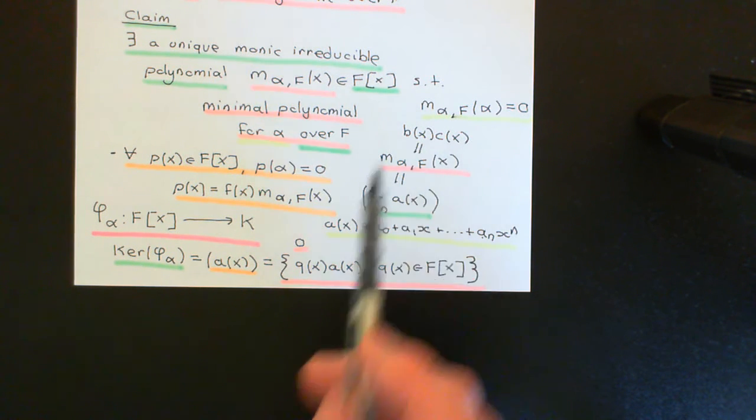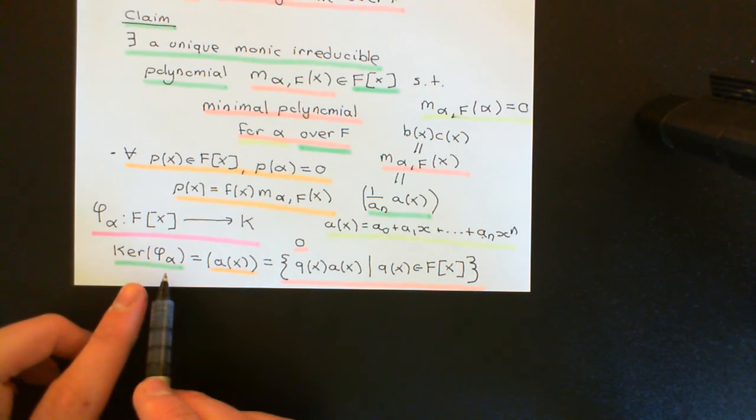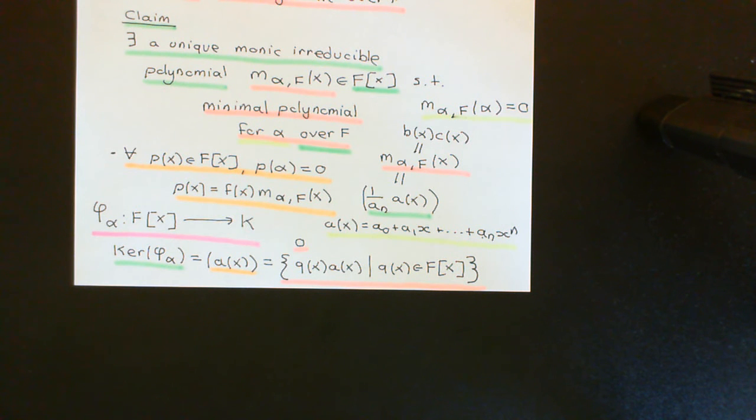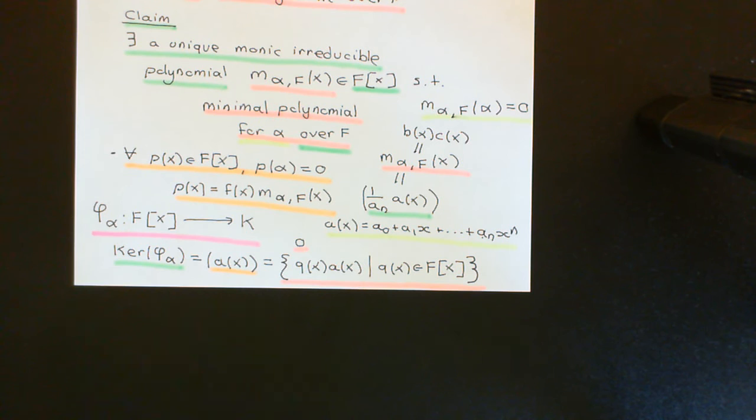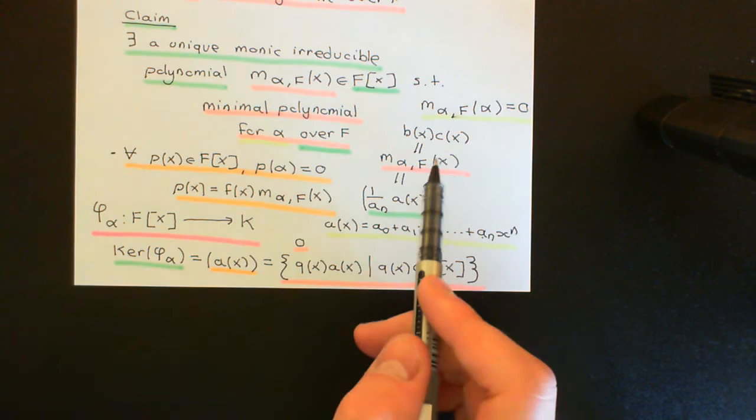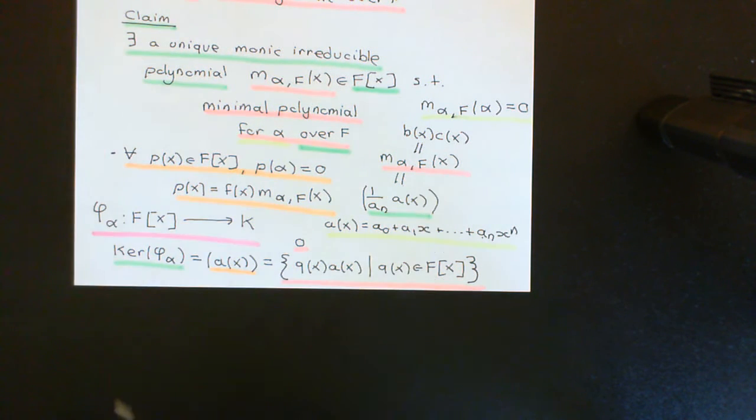So it would imply that one of these polynomials, b of x or c of x, was in the kernel of this evaluation homomorphism at alpha, and that would contradict this being the smallest degree polynomial in this kernel. So that's why this has to be irreducible. It cannot be reducible, otherwise you wouldn't have successfully found the smallest polynomial in this kernel of the ring homomorphism, which does have to exist. There must be some polynomial with the smallest degree, and that's one of the polynomials that you can use to generate the kernel by taking its principal ideal.